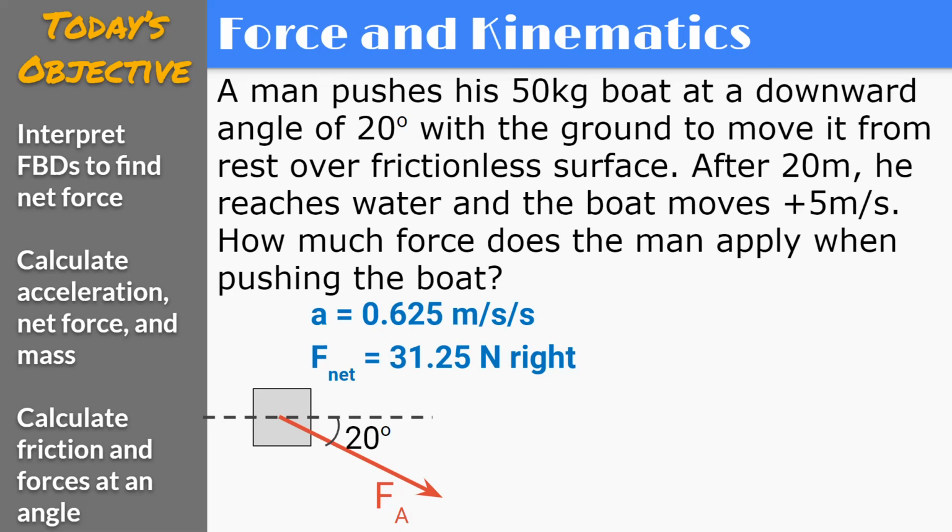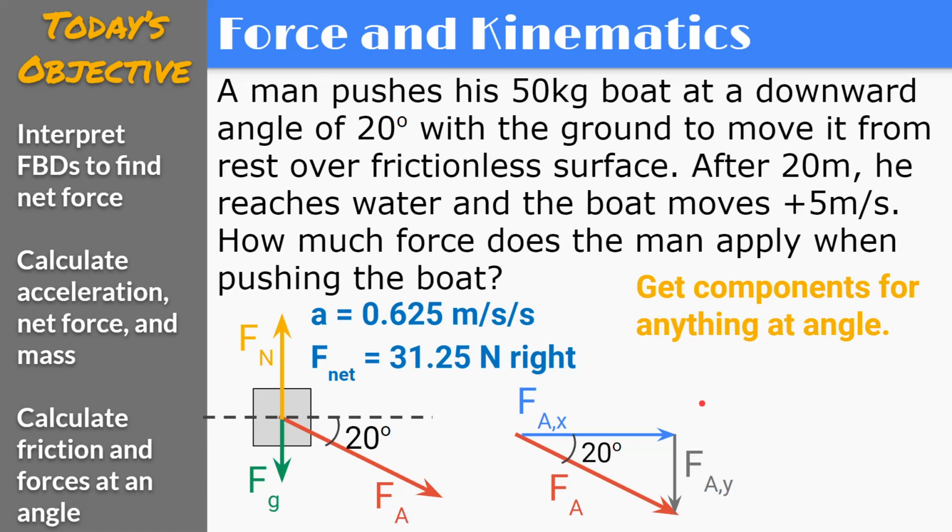So that net force that I just found, it's not this red vector. This net force of 31.25 newtons to the right, well, guess what? It's to the right whenever we draw the triangle. That net force goes here, 31.25 newtons. It's not the hypotenuse. It's the x component because it's responsible for the acceleration. It's to the right.